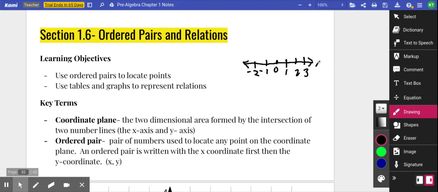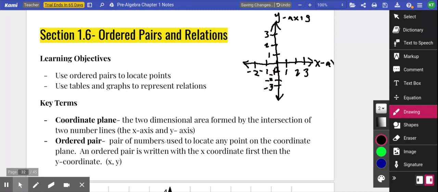We'll call this the x-axis. And we're going to add a second dimension up and down, that we'll call the y-axis. And going up, we have our positive values. And going down, we have our negative values.